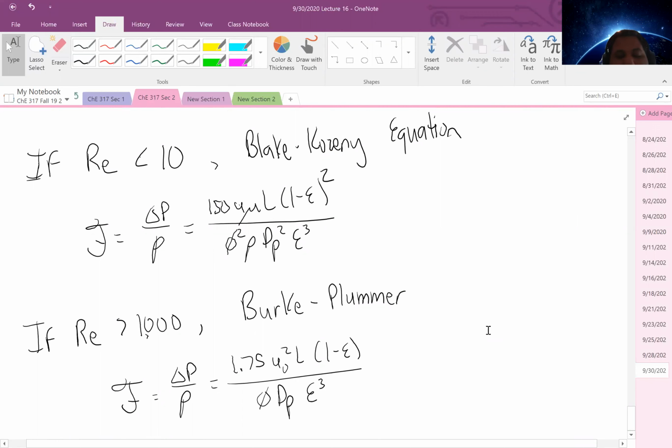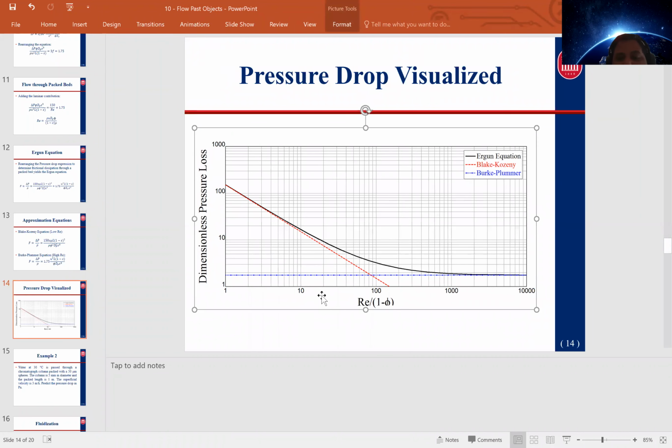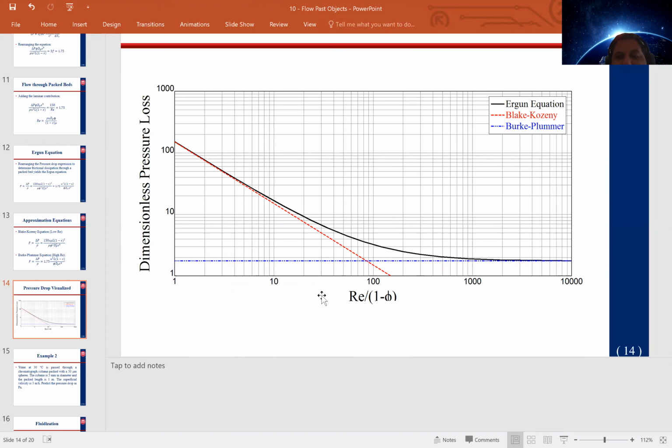All right. And if we want to develop a comparison between these expressions, you see this graph here, you'll see the dimensionless pressure drop term as a function of both the laminar and the turbulent contributions, where the Blake-Kozeny gives you this linear relationship.